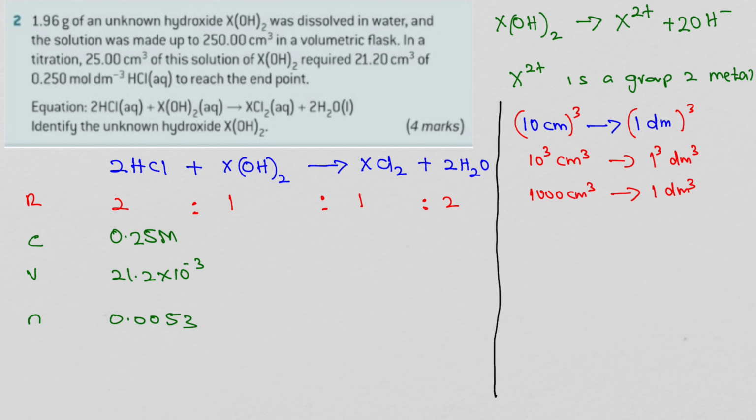So that's the mole. And because it's ratio 2 to 1 here, I need to divide that mole by 2 to get the mole for the base. Hence, the mole for the base is 0.0053 divided by 2, and that gives 0.00265. And that's the mole for the base.